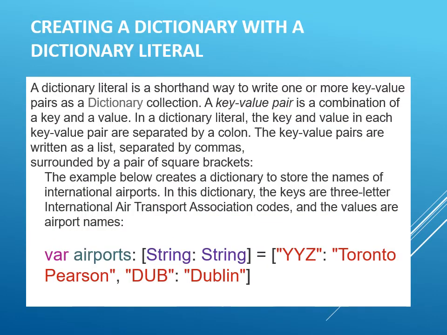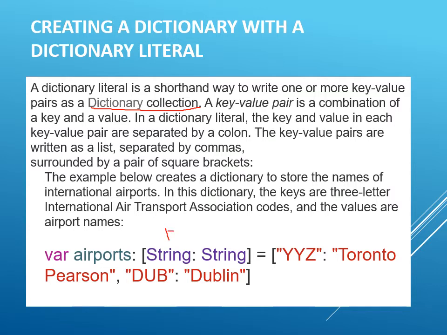The next is creating a dictionary with a dictionary literal, meaning you add the items with the keys. A dictionary literal is a shortened way to write one or more key-value pairs as a dictionary collection, meaning the dictionary can contain more than one item. A key-value pair is a combination of a key and a value.